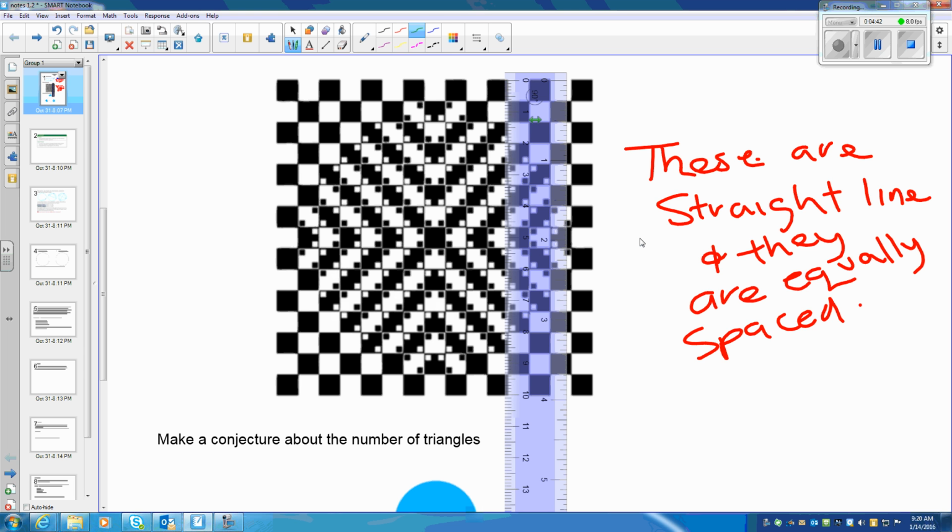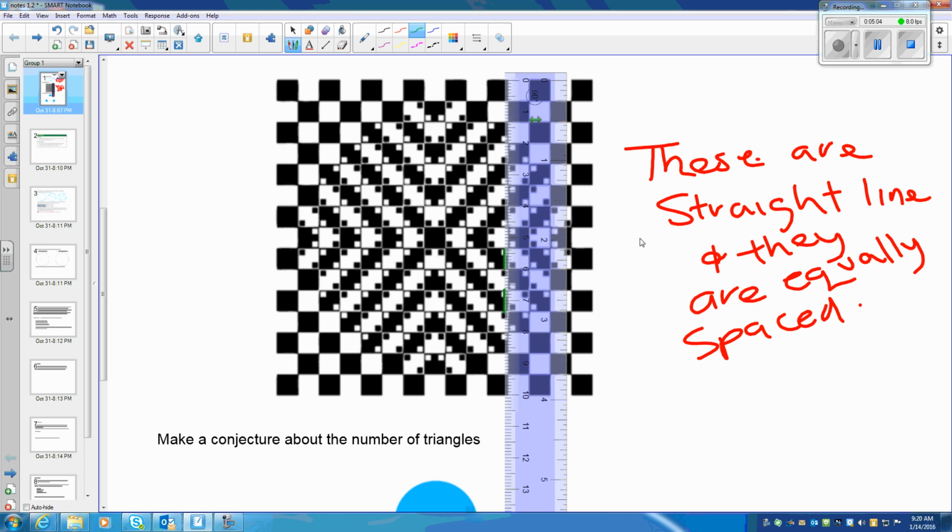It's really hard to see in this thing. 1, 2, 3, 4, 5, 6, 7. This one's 0.7 from here to here. 1, 2, 3, 4, 5, 6, 7. This one's 0.7. So if they're all 0.7 centimeters apart, they're also equally spaced.